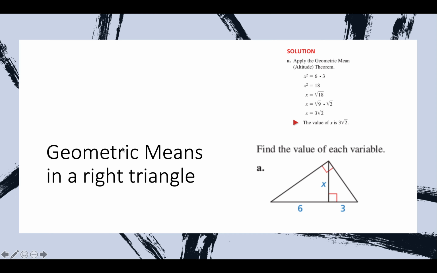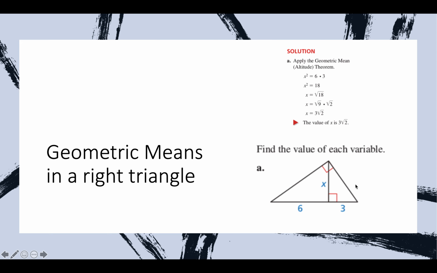How you will see it in this section is with triangles, right triangles. And this is geometric mean for an altitude, height. Let me show you. This is a medium-sized triangle. This one to the right is a little triangle.